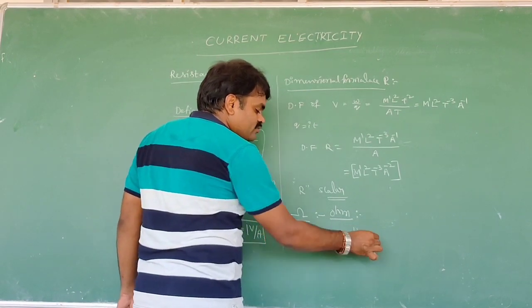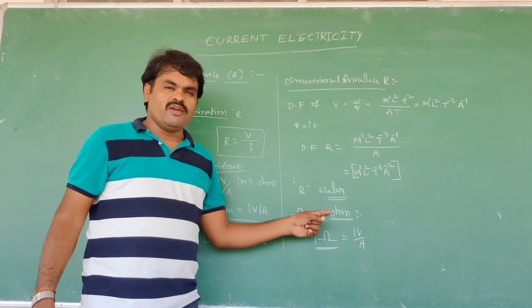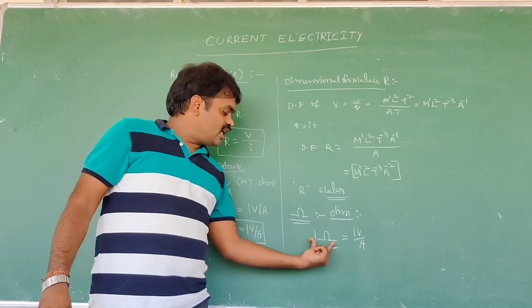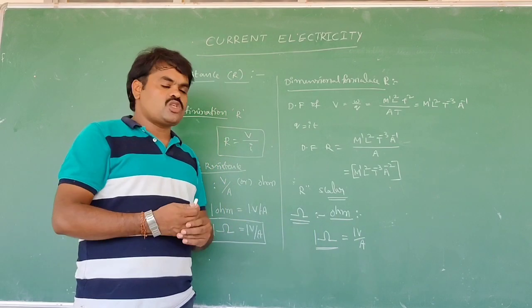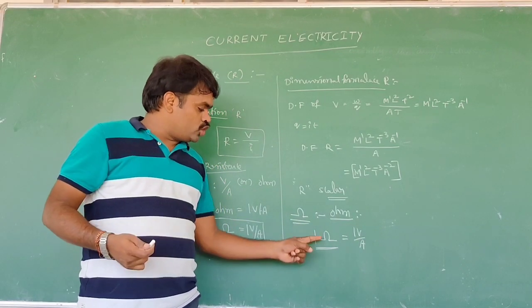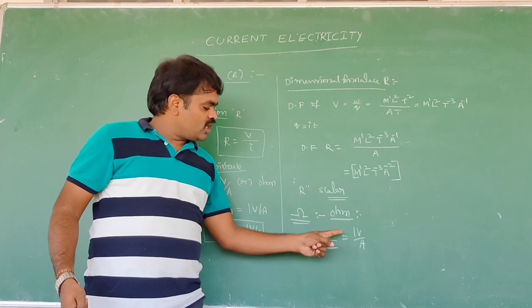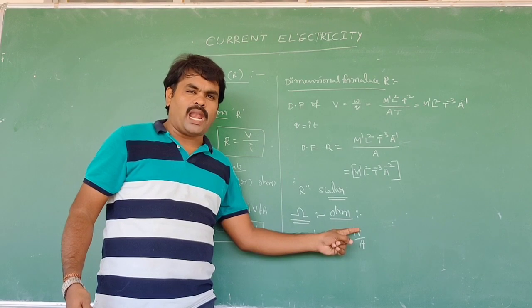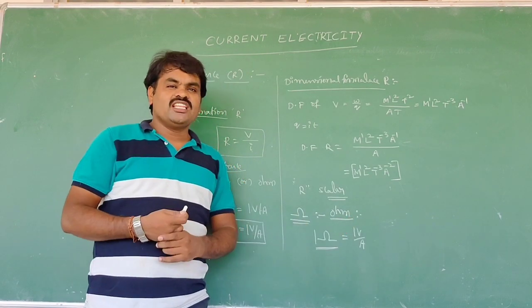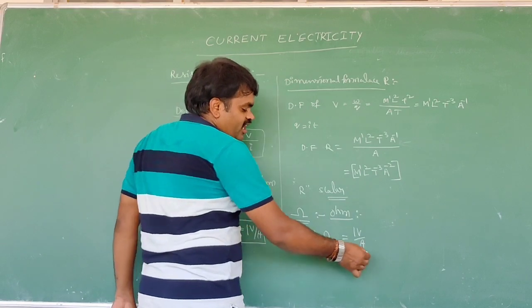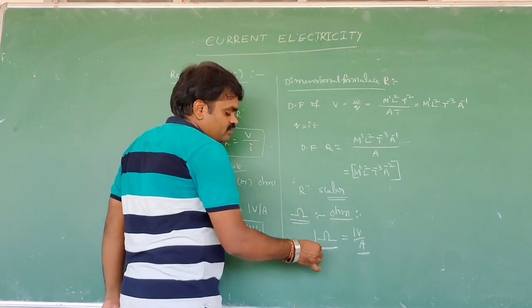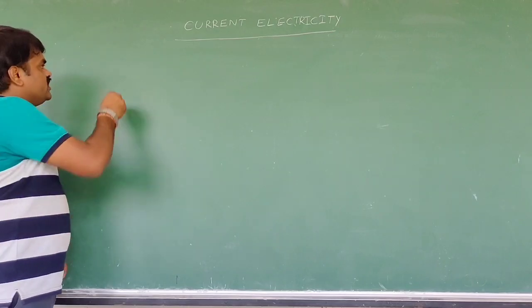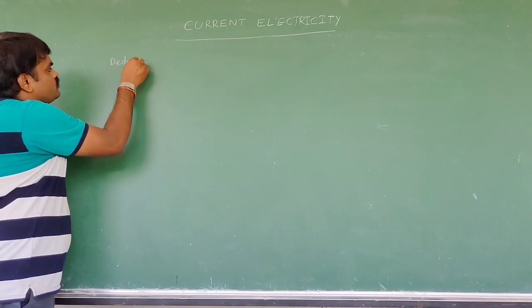Volt per ampere. This is the ohm definition. Once again, very important: the electrical resistance of the conductor is said to be 1 ohm if, when 1 volt of potential is applied across the conductor, the current through the conductor is 1 ampere. This is ohm.